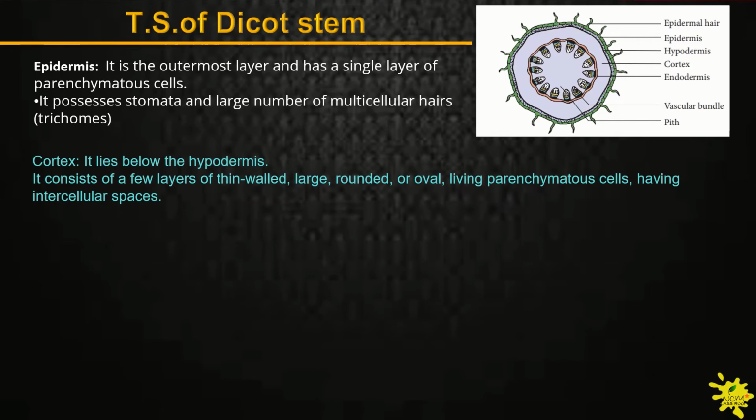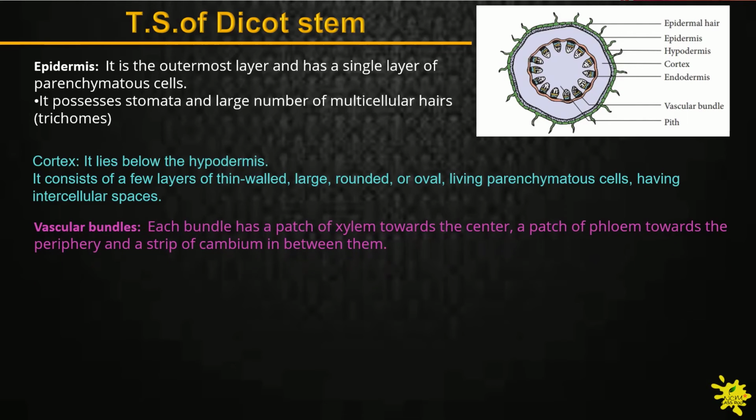It consists of a few layers of thin-walled, large, rounded or oval living parenchyma cells having intercellular spaces. Vascular bundles each contain xylem towards the center and phloem towards the periphery, and a strip between xylem and phloem called cambium is present.